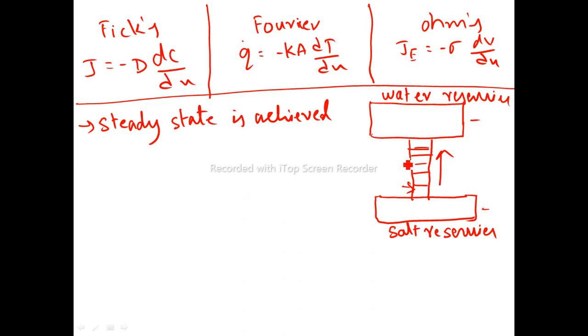This is x1, x2, x3, positions 1, 2, 3, 4. At any position, the concentration will remain the same at any time. At this fixed position, if the concentration is considered as C1, it will remain C1 at any time, then we can say that steady state is achieved.